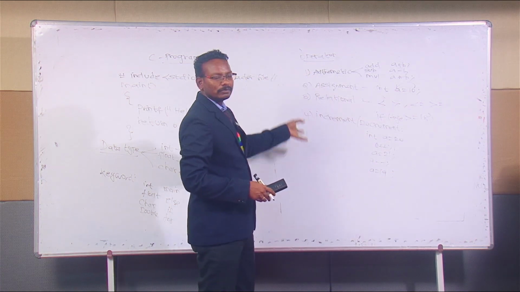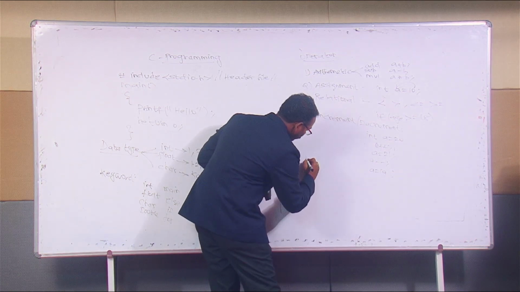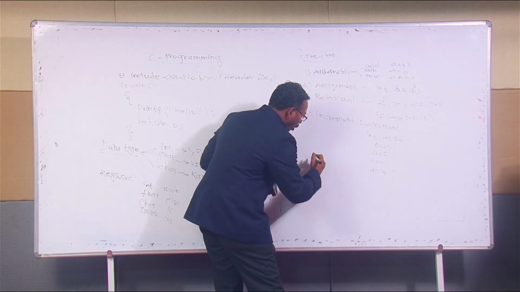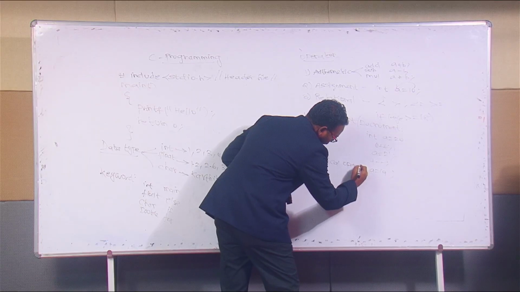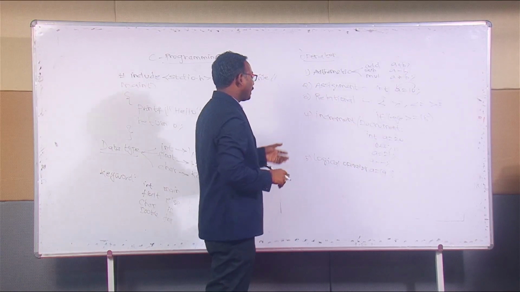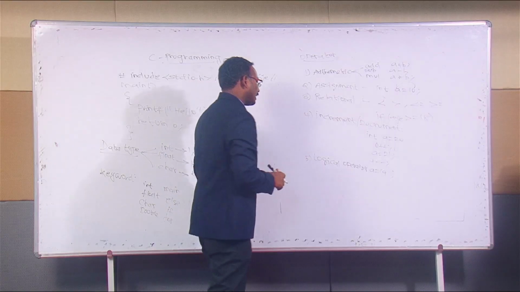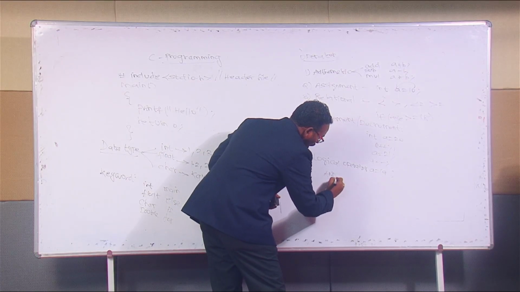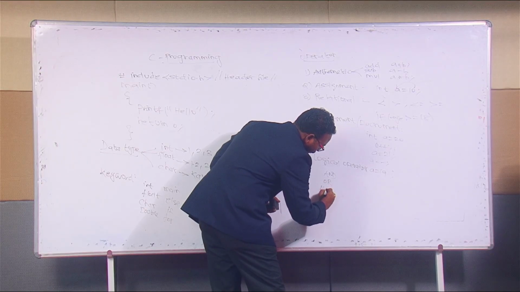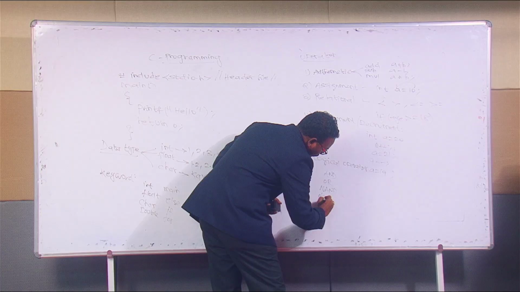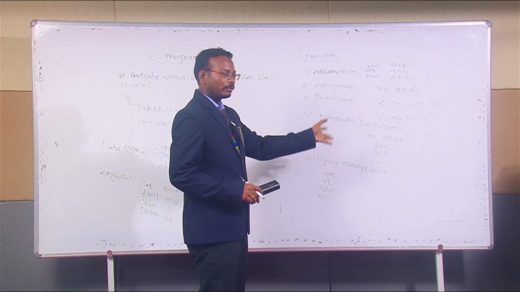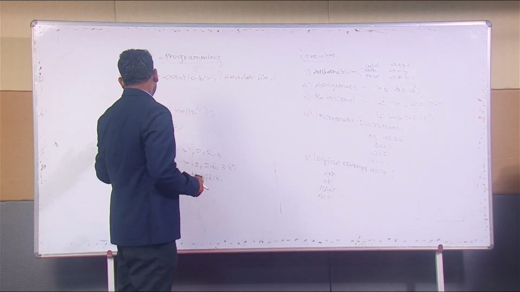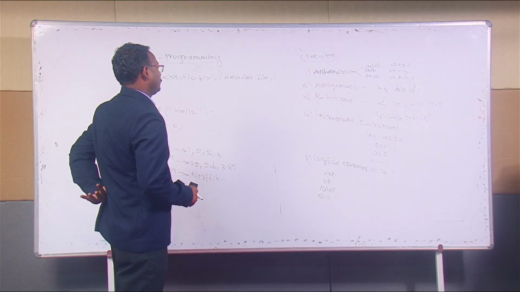These are the operators we use. And the next one is logical operators. They are used for logical operations like and, or, NAND, NOR. This is the set of operators used in C.